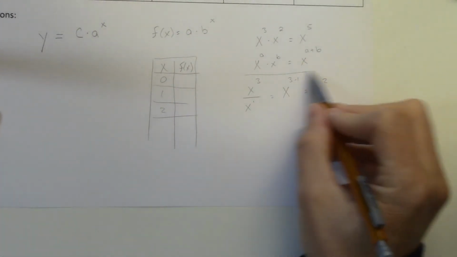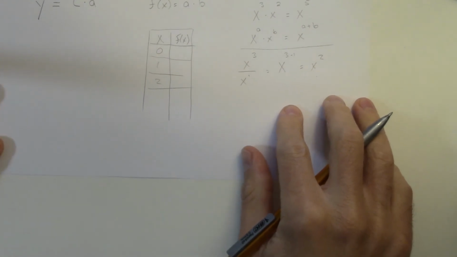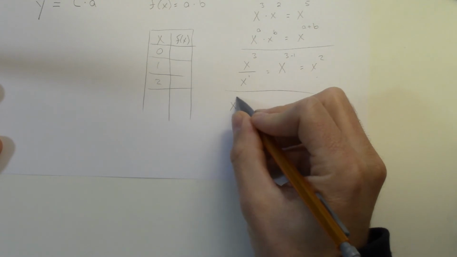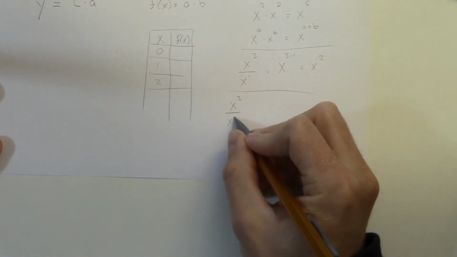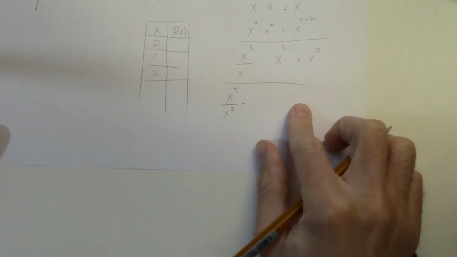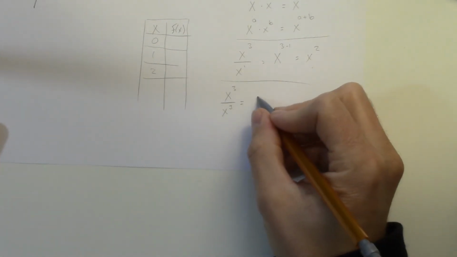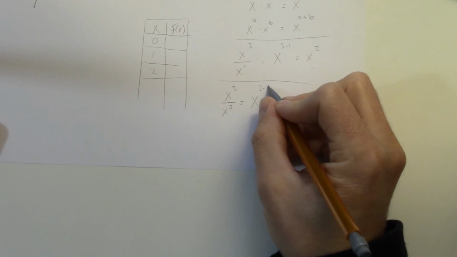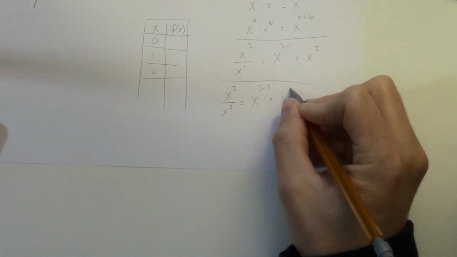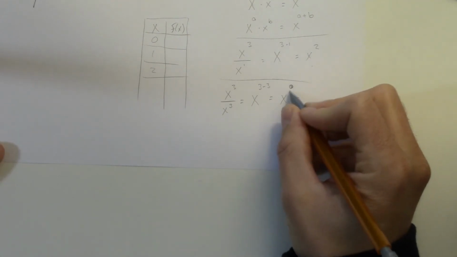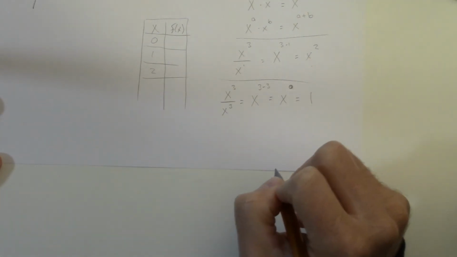We can continue on with laws of exponents, where one of them is what happens when it's x to the third power over x to the third power. Well, that's going to be 1, right? And if we followed this law, that would be 3 minus 3, which is 0. And that's actually one of the other properties that you want to know: anything to the 0 power is 1.